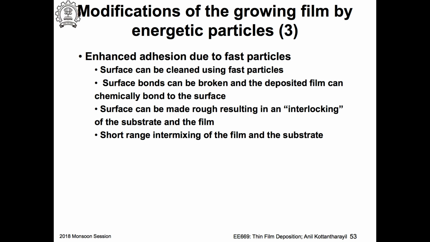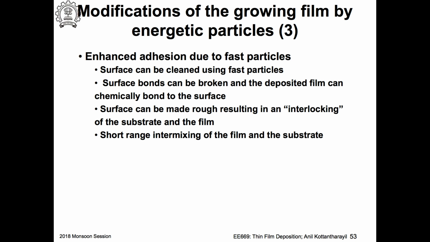Then enhancement of adhesion of the deposited film on the surface. So we have seen that the surface can be cleaned, right? And then surface bonds can be broken, so the deposited film can chemically bond to the surface. And the surface can be made rough by sputtering.